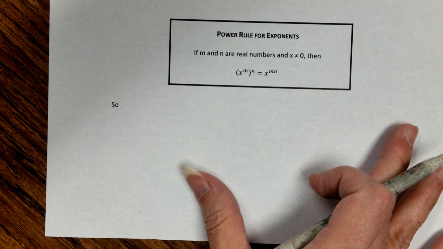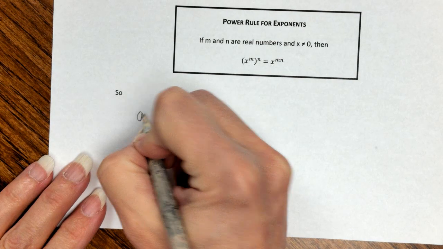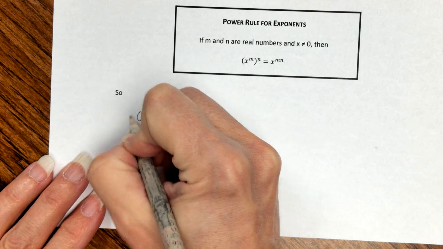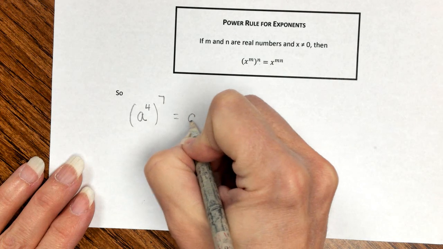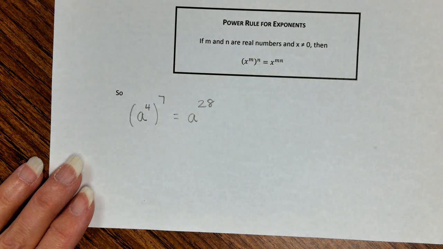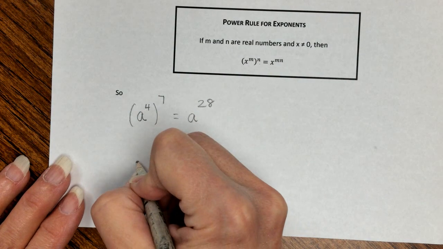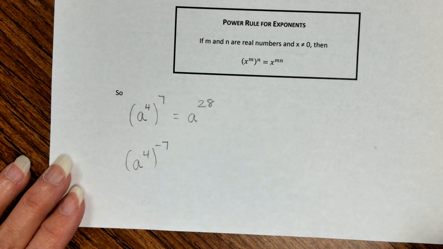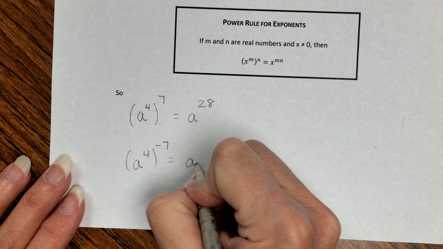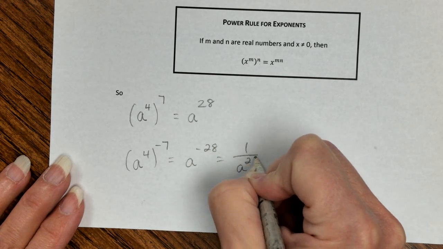Okay, so some quick examples down here. If we have a to the fourth to the 7th power, that's just a to the 28th power. If we have a to the fourth to the negative 7th power, that's a to the negative 28, which is also 1 over a to the 28.